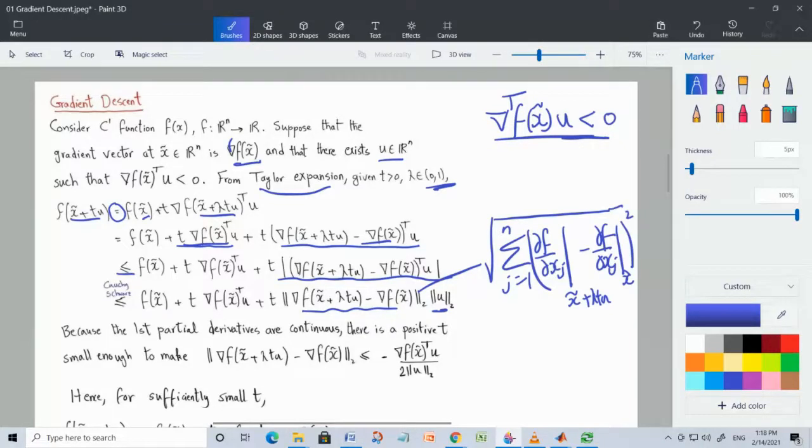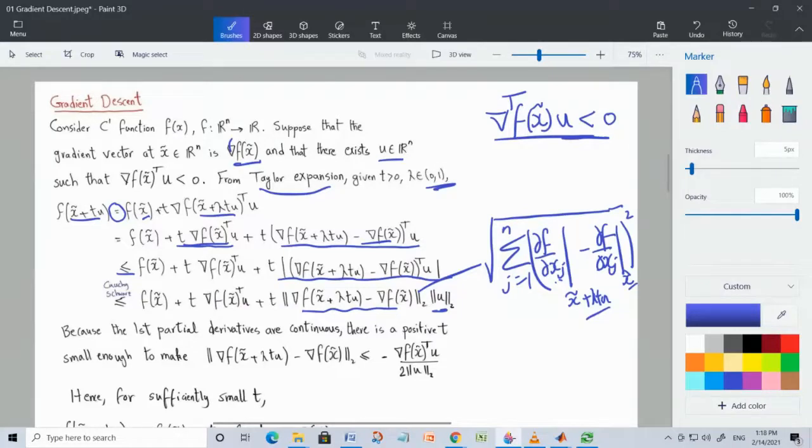Because the partial derivatives are assumed to be continuous functions, by the very definition of continuity, if we choose t small enough, the difference here will be small.